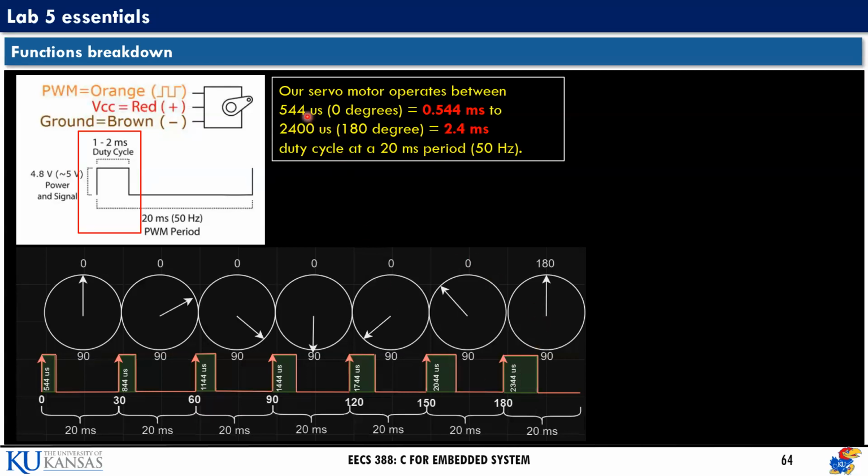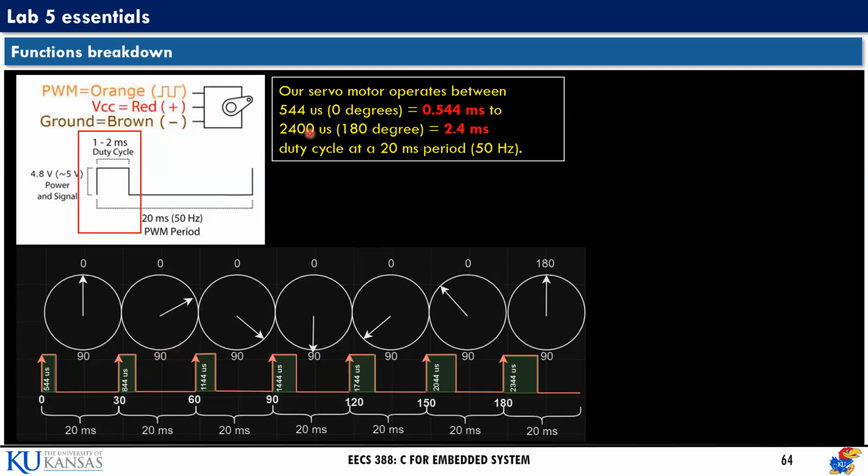If we take the difference of these two numbers and divide it, since we are rotating in 30-degree intervals, we have a total of 6 intervals. So we can divide the difference by 6 and get the value that needs to be set to rotate it in different intervals, right?